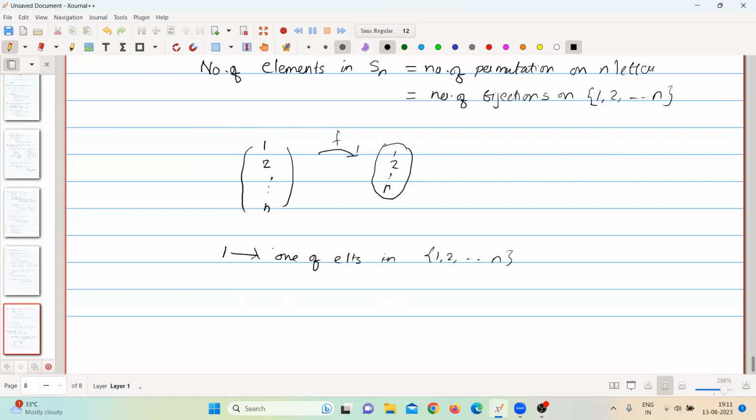So this 1 has n possibilities of mappings. 1 can be mapped to 1 or 2 or 3 etc. up to n, any of these elements. So we have n possibilities here.